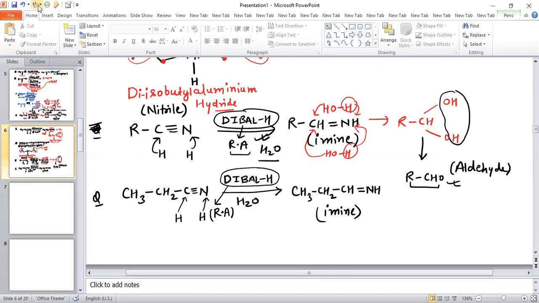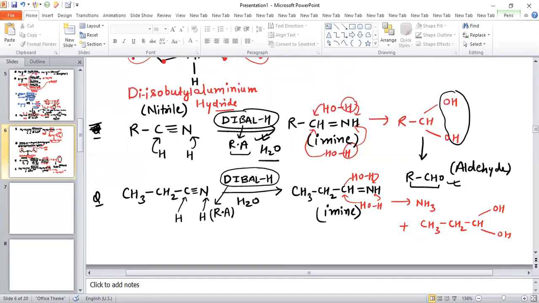Now see what happens. Hydrolysis will take place, like OH and H. Again there is OH and H. So on this carbon OH group is added, on this carbon again OH group is added, and on nitrogen hydrogen is added. So basically ammonia gas is released. And the product obtained is like this: CH3CH2CH with an OH group and another OH group on this carbon.